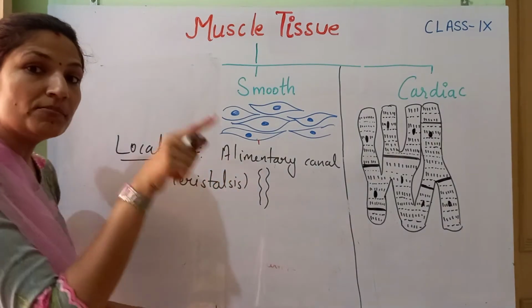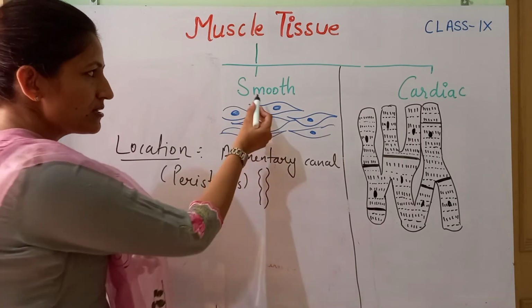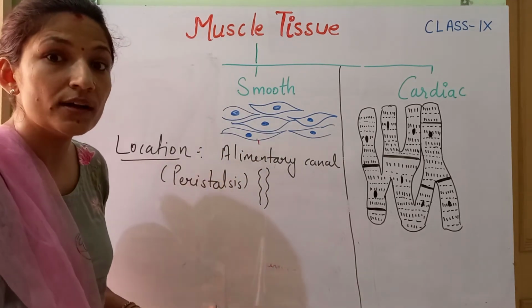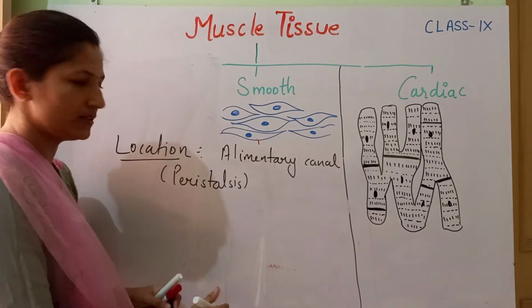That is because of the muscles present in the alimentary canal. And what type of muscles? Smooth muscles, involuntary. So this is the first location, throughout the alimentary canal.